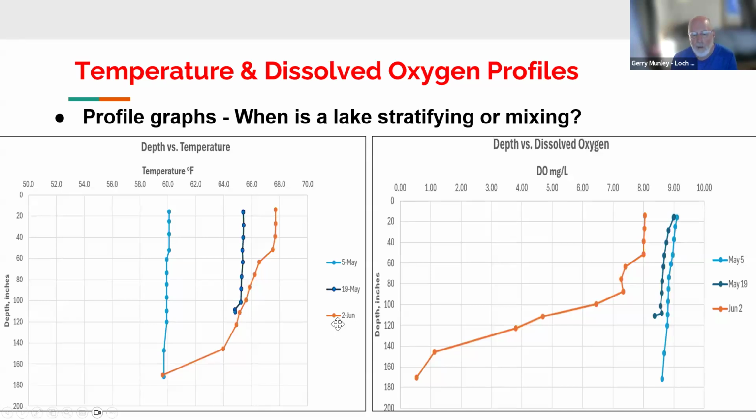And similarly for dissolved oxygen, by the time we got to the June 2nd date, the dissolved oxygen really dropped off at the bottom part of the lake. So we started at about 8 milligrams per liter near the surface, down to below 1. So I don't think there are too many fish down at the bottom enjoying that lake. Next, please.